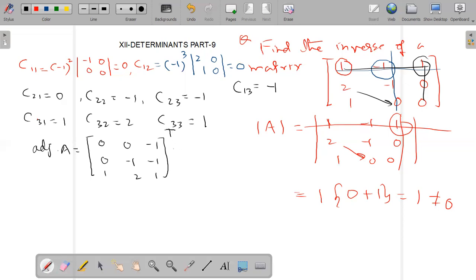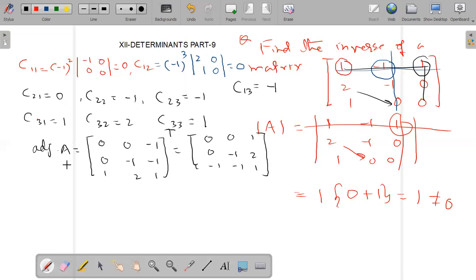Transpose means the first row will become the first column: 0, 0, 1 becomes the first column, 0, 0, minus 1, second row 0, minus 1, minus 1, third 1, 2, 1.